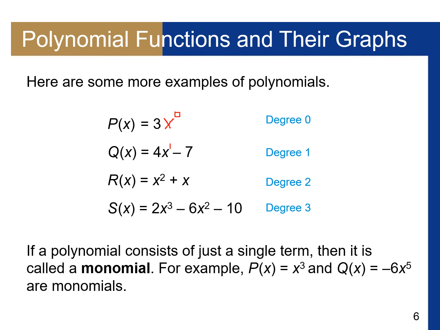If it's just a single term, it's called a monomial. It's still a polynomial, but it's a polynomial that is a monomial. So x to the 3rd or -6x to the 5th would be monomials. Polynomials that are monomials.